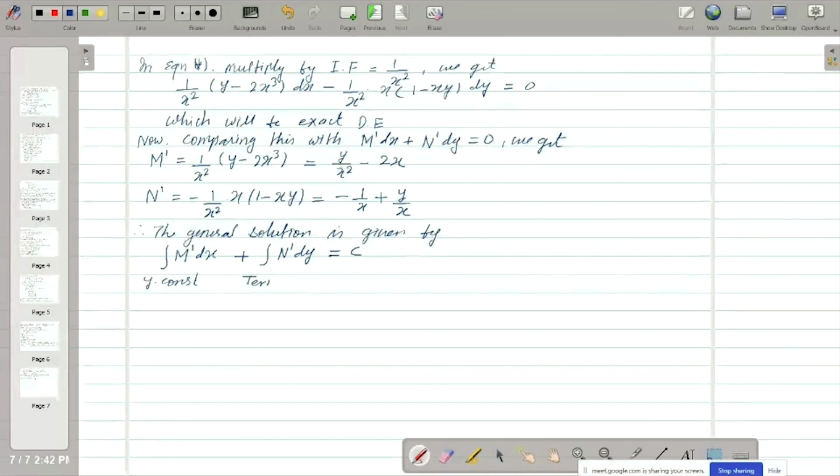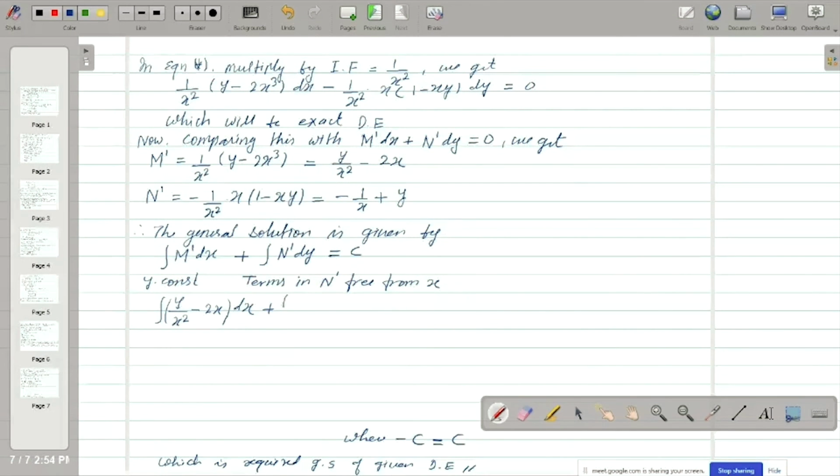So we write terms in N dash free from x. Just integrate it. So integration of M dash is y upon x square minus 2x dx, and plus N dash, terms in N free from x. We take such a term which is free from x. So the only term is what? y dy equal to c, where c is the integrating constant.